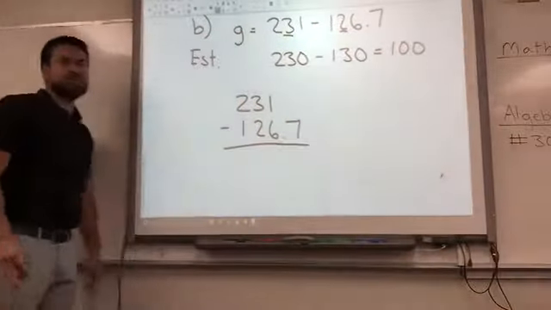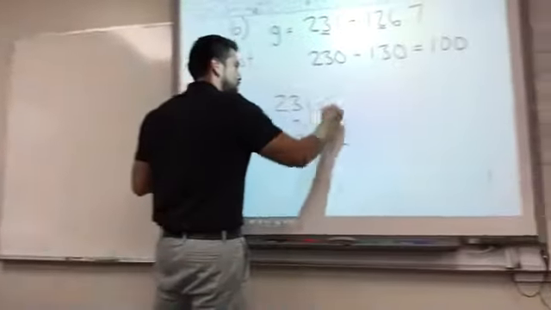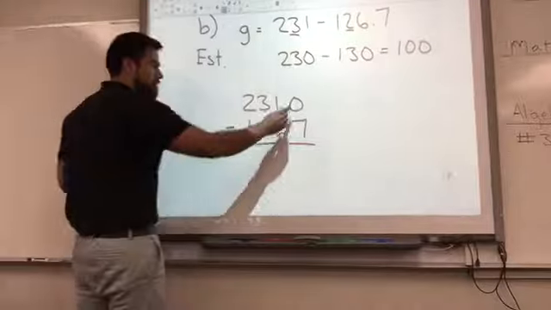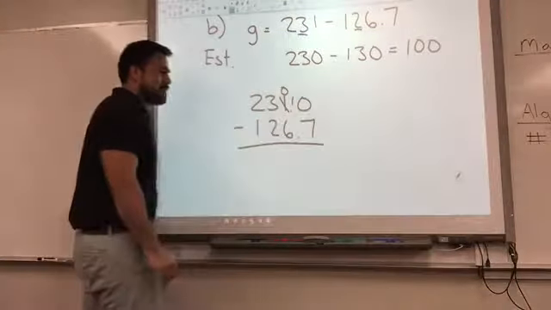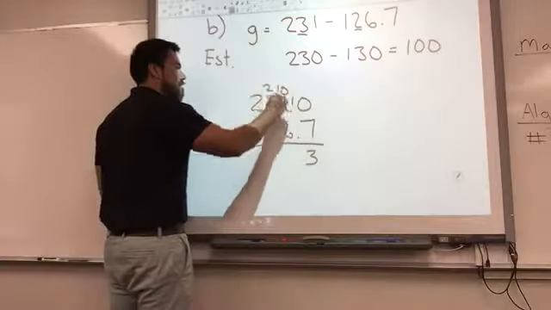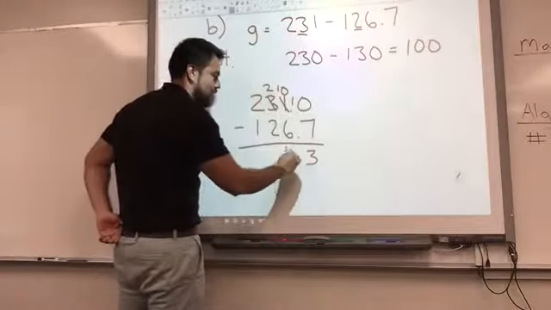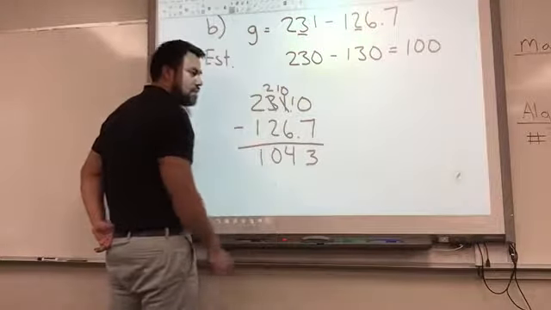All right, so here, 231 minus 126.7. Uh-oh, where's the decimal on 231? Yeah, it's at the end, so 0.0 for a place value holder. All right, 0 minus 7, can't do, so I borrow from the 1. 10 minus 7? 3. 0 minus 6, oh no, I can't do that, so I got to borrow again. 10 minus 6? 4. 2 minus 2? 0. 2 minus 1? 1. Where's the decimal go?